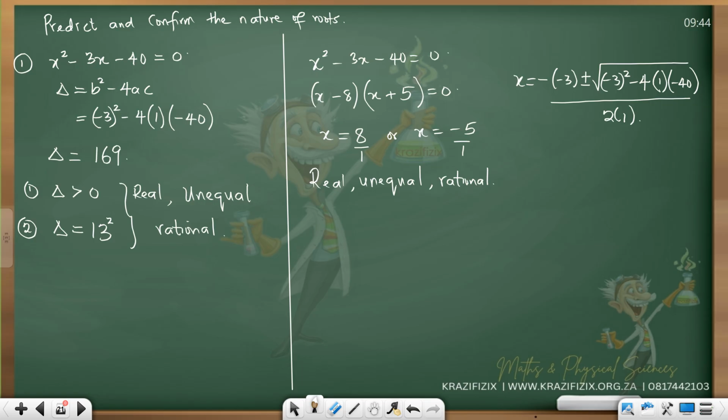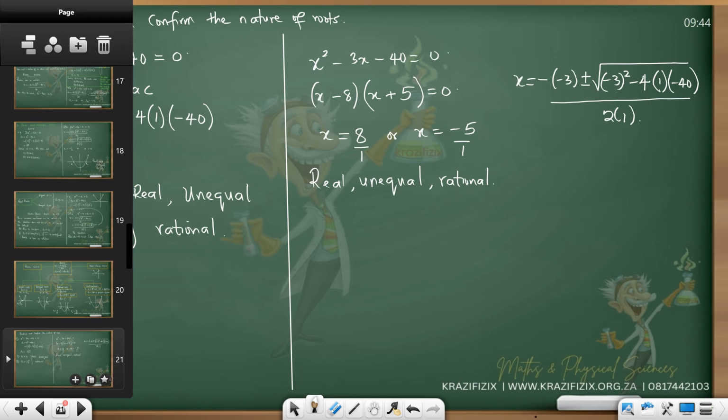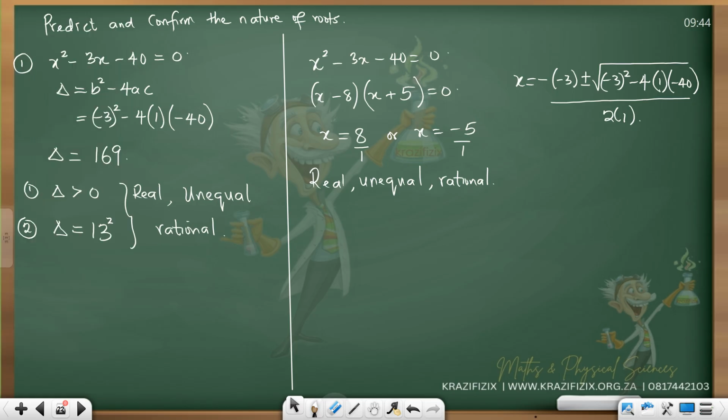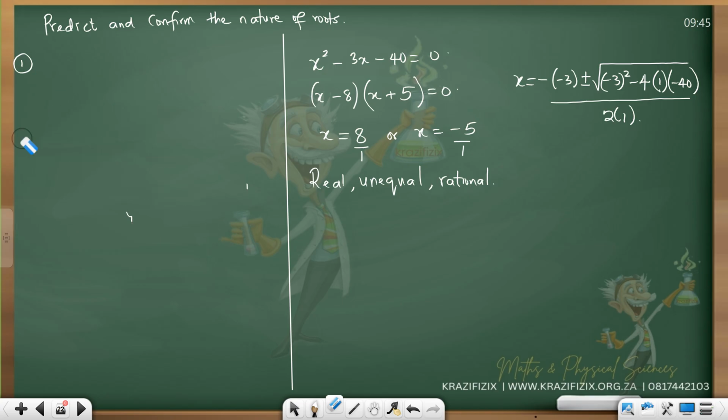Can I move to example 2? And then we start looking at questions. Example 2. We predict again.